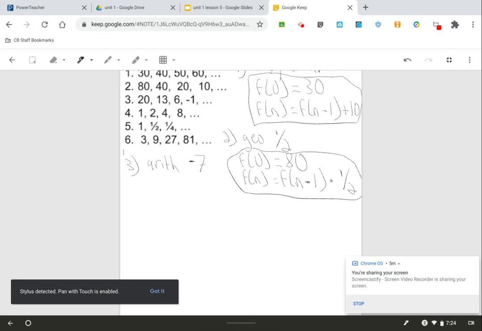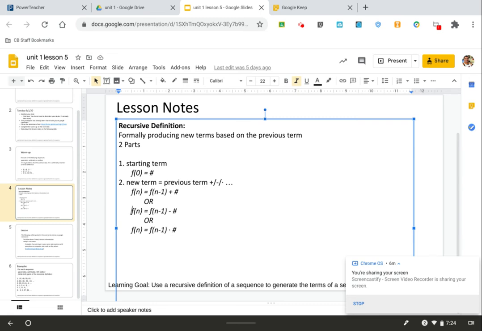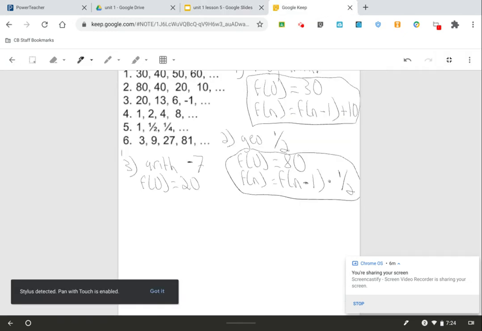Our f of 0, our first term, is 20. For the second part, our pattern is to subtract, so f of n equals f of n minus 1 minus 7. That's our answer for number 3.